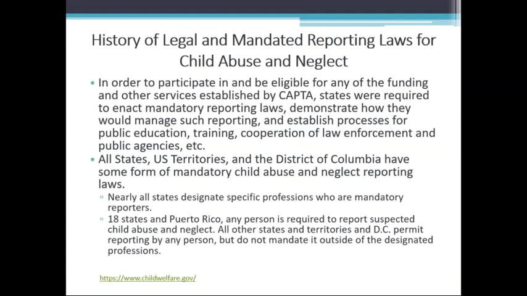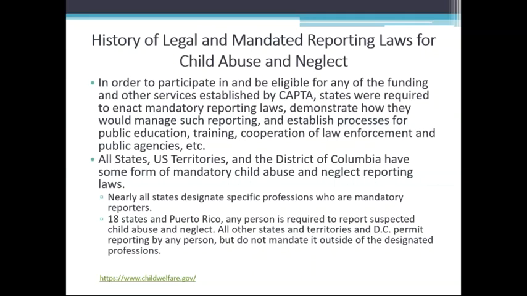So that definition from CAPTA and the work CAPTA has done is essentially that states were required to enact mandatory reporting laws to be able to participate in, receive any funding, get the support and resources from CAPTA. And so every single state, territory, and DC all have some form of mandatory child abuse and neglect reporting. Pretty much all states designate various types of positions or professions who are mandatory reporters, like physicians and teachers.